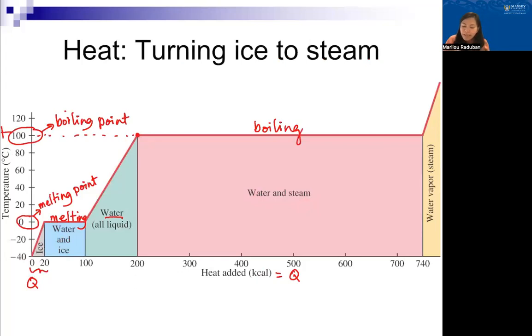Any heat that's added to the material goes into boiling the water and changing that into steam. Again, notice how when you have a phase change, the temperature stays the same, because any heat that's added goes into the process of changing from liquid to steam.